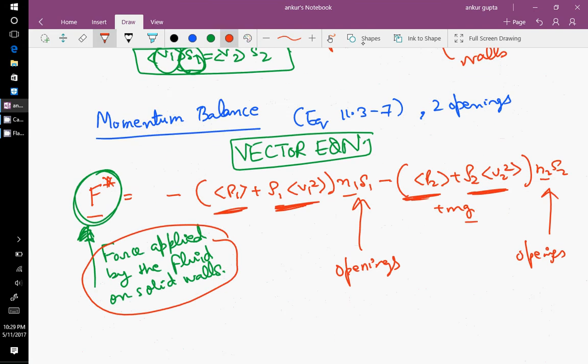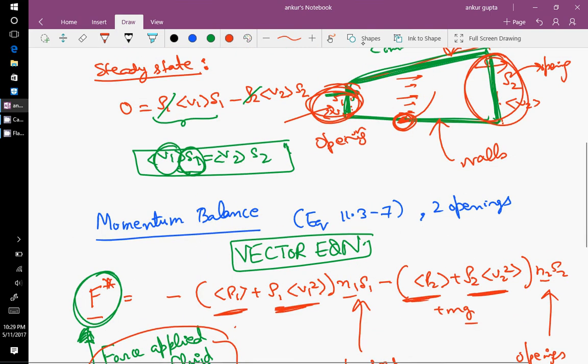Now, just by using inlet and outlet, we can actually get the force on the walls.